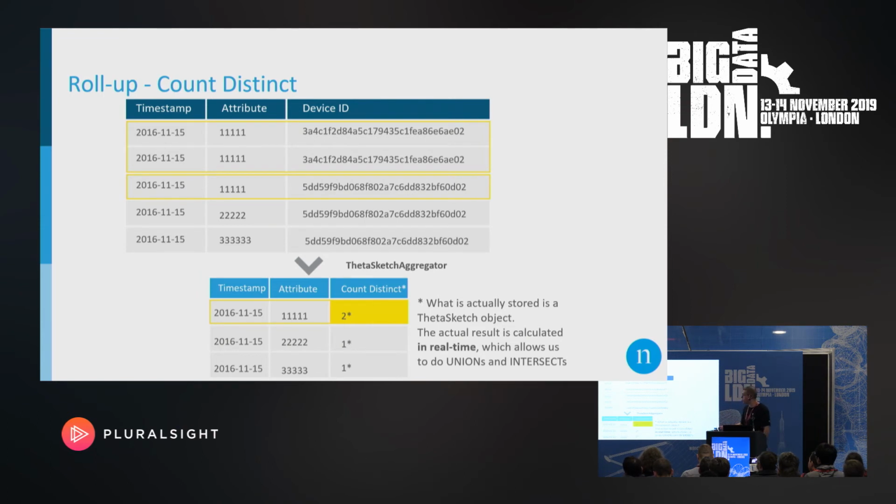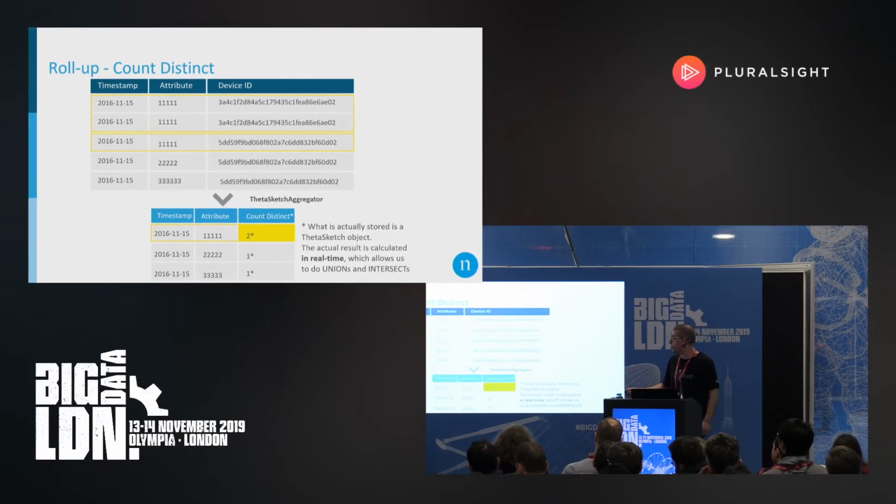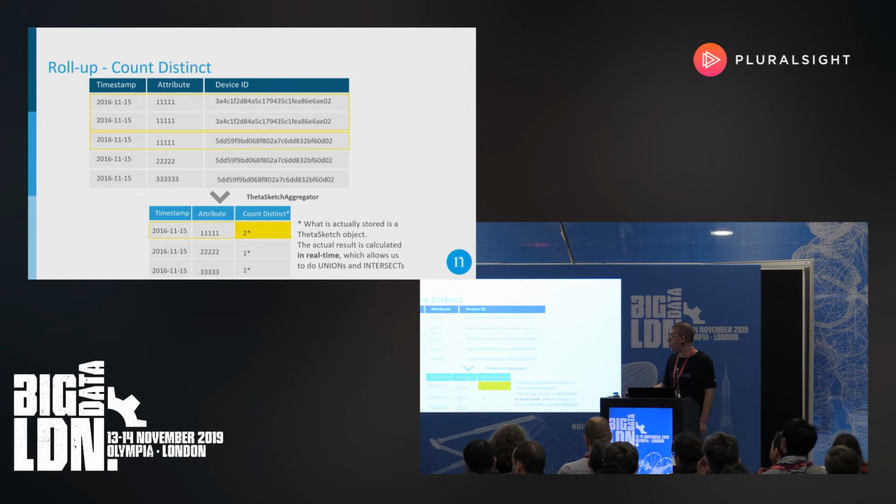So in Druid, what we actually store is a ThetaSketch object that contains the sample, as Yakir mentioned. And then, in real time, what Druid does for us is intersect or union those ThetaSketch objects in order to give us the query that fulfills the relevant criteria. So in this example, intersecting 2 attributes.